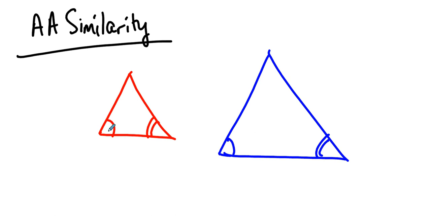Because if we know what this angle is and what this angle is, we know what that angle is. And if we know what this angle is and what this angle is, we know what that angle is. And they have to match because we know the angles of a triangle have degree measures that add up to 180. And so if we have two angles, that's enough to argue that the triangles are similar.